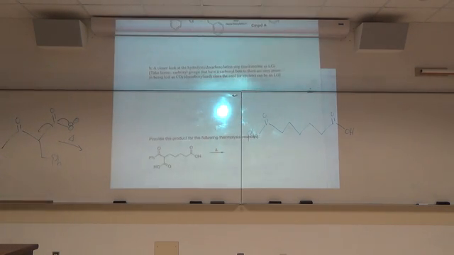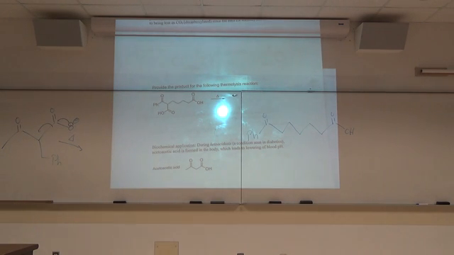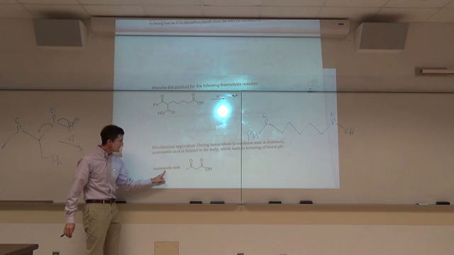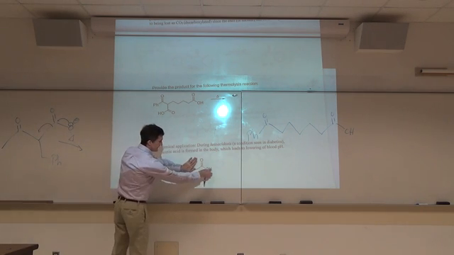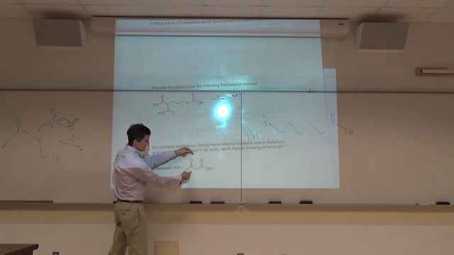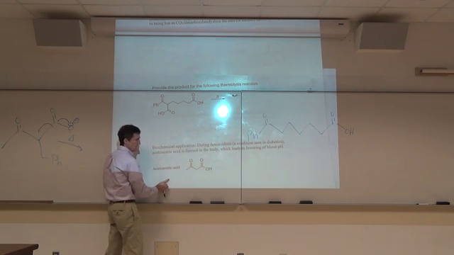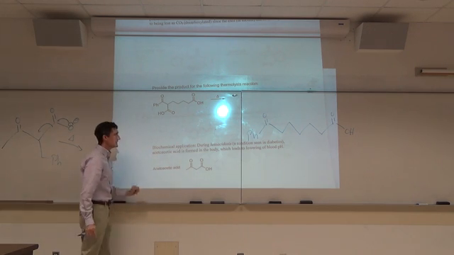I've already mentioned this, but just show it again. Down here, this is a beta keto acid. It's called acetoacetic acid. Acetic acid with an aceto group, or an acetyl. Commonly seen in biochem.